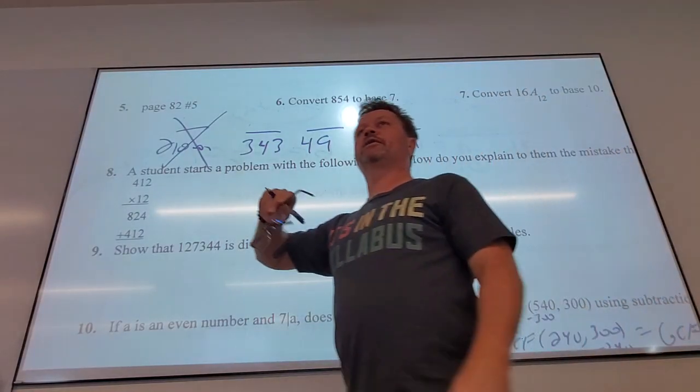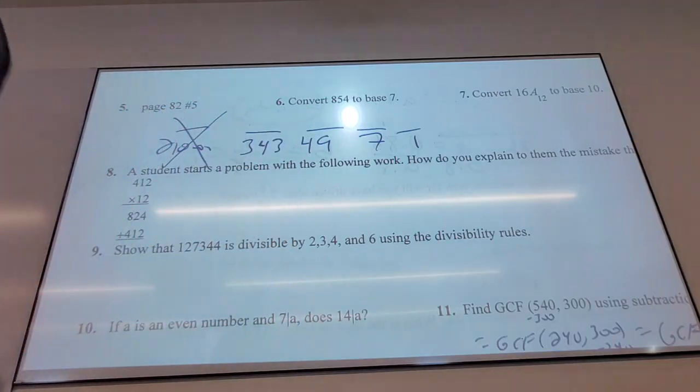I don't even care what the number is exactly, because I know it's too much. Are you all with me? So I've written the places of 7 that I need for this number. So what do you do now?